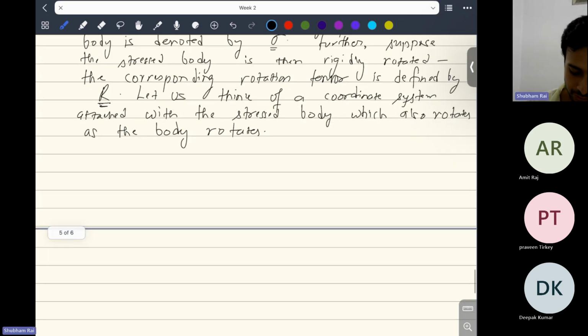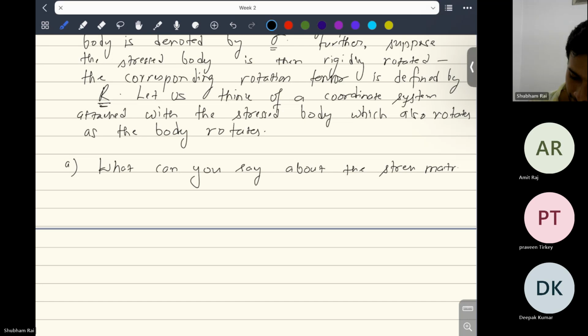Okay. So the first question is, what can you say about the stress matrix of the body before and after rotation in the coordinate system attached with the body?